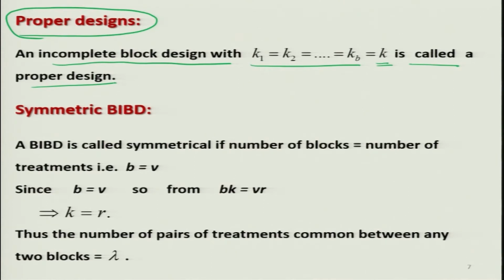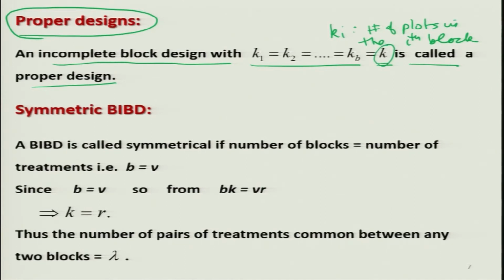Do you remember that when you considered the incomplete block design, you had considered different numbers of plots in the blocks, and you had denoted by Ki the number of plots in the ith block. Now you are saying that each Ki is going to be the same as K, or in very simple words, all the blocks are of the same size and the size of the block is small k.